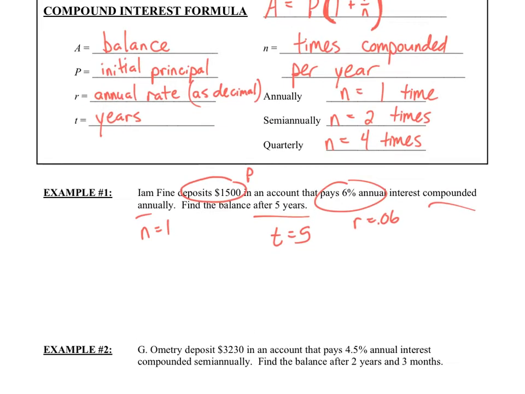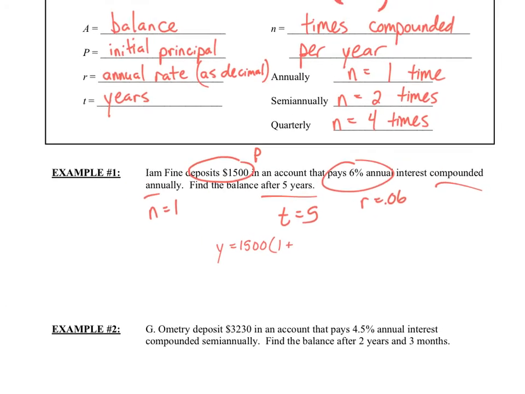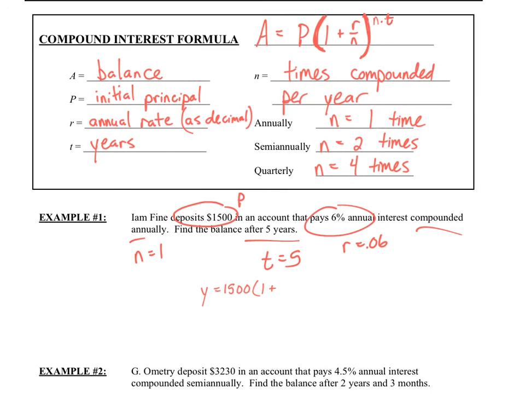So if we put this in our equation, we would have y equals 1,500 times 1 plus, and up here we have r over n, so 0.06 divided by 1, to the n times t power. So it's 1 times 5. So this is y equals 1,500 times 1.06 to the 5th power.